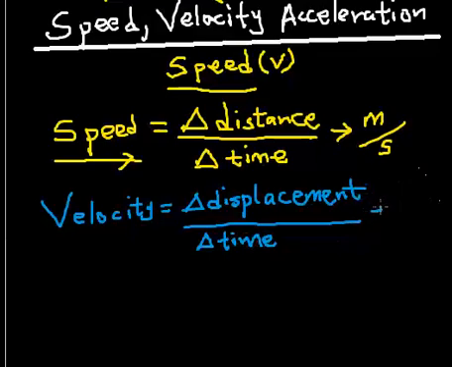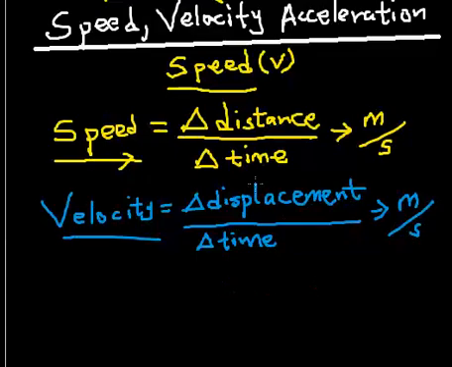Displacement, if we go by SI units, is still in meters and time is still in seconds. So you discover that both velocity and speed have the same SI unit, which is meter per second. Now the question becomes, what is the difference?